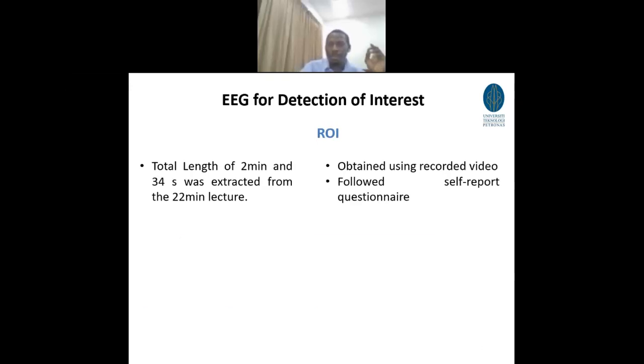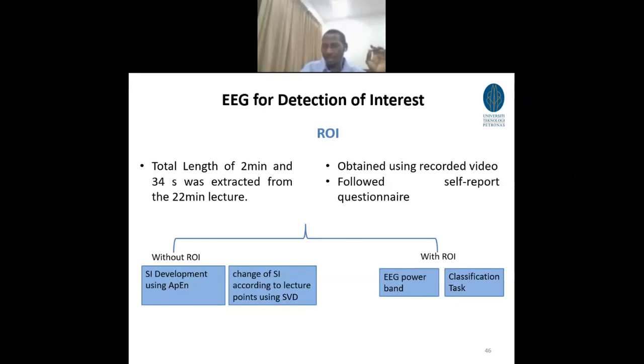So for region of interest, the total length at the end was just 2 minutes. So what we have done is a classification using the signal without the region of interest, and using the signal with the region of interest. Okay, and see how it will impact the classification.